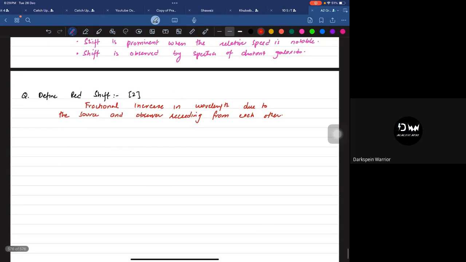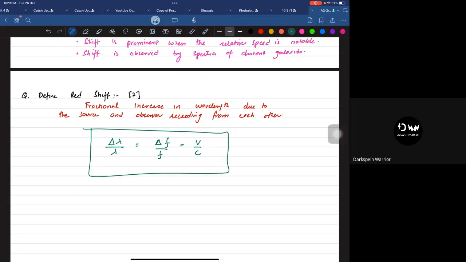Now, the formula to find this is very simple. Change in lambda over lambda is equal to change in frequency over frequency equals V upon C. Let me explain each and everything in this. So change in lambda, change in wavelength. This is the wavelength emitted from source.